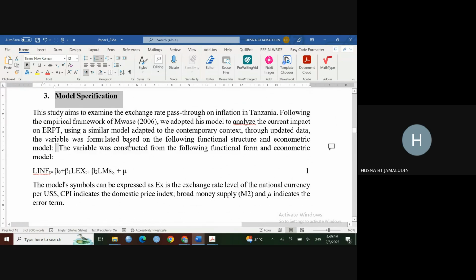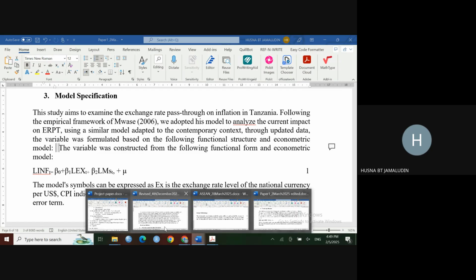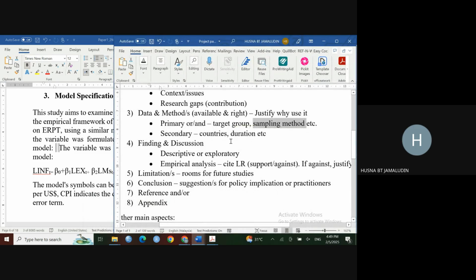So can you see that sometimes the point is there, but you put everything here and there. So I have to rearrange that in my head to understand your point. That's why I think it's better for me to tell you the proper structure. It's not really something that you have to follow, but this is a structure that can assist your writing.